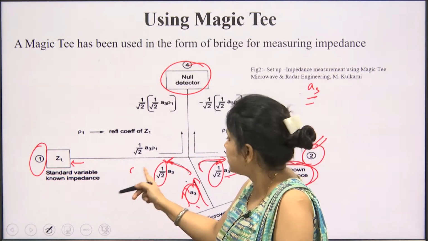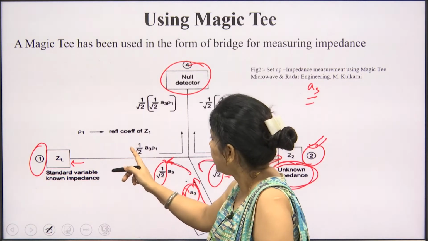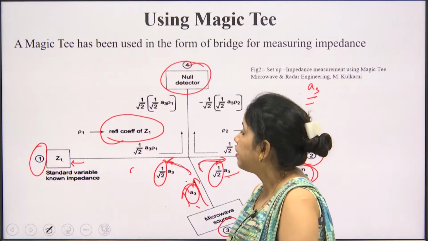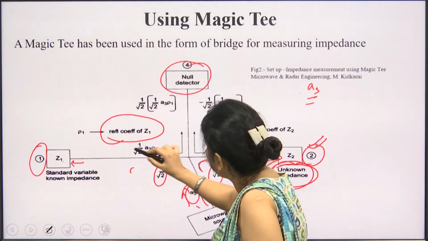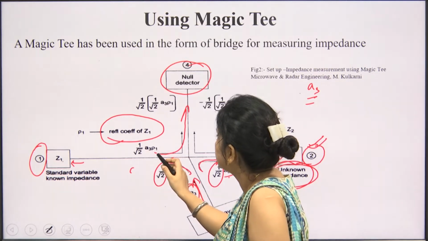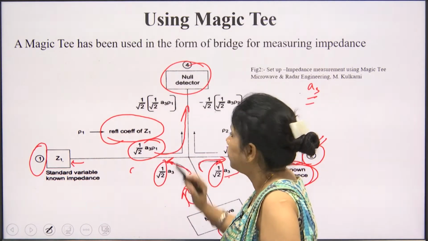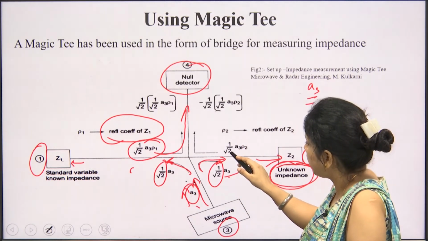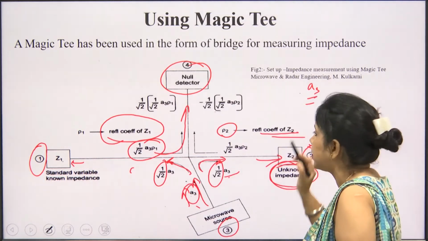There is of course an impedance mismatch here, so the reflection coefficient of Z1 is rho 1. All the power does not get transferred. The power received is 1 by under root 2 A3 rho 1, and similarly here the power received is 1 by under root 2 A3 rho 2, where rho 2 is the reflection coefficient of Z2.